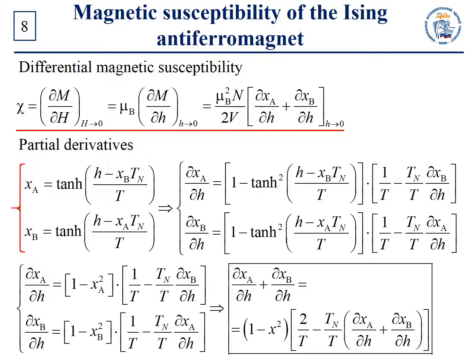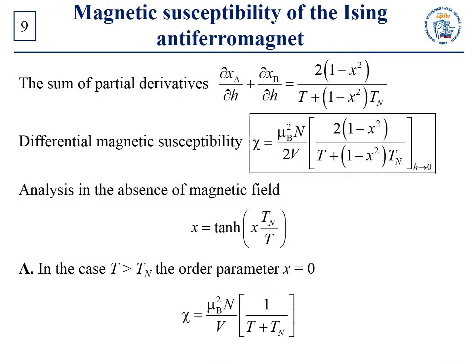Partial derivatives dXA by dH and dXB by dH take the following form. Making several mathematical manipulations and summing up the equations, we obtain the equation for the partial derivative sum. We can express the sum of partial derivatives as follows. Finally, we obtain the differential magnetic susceptibility.